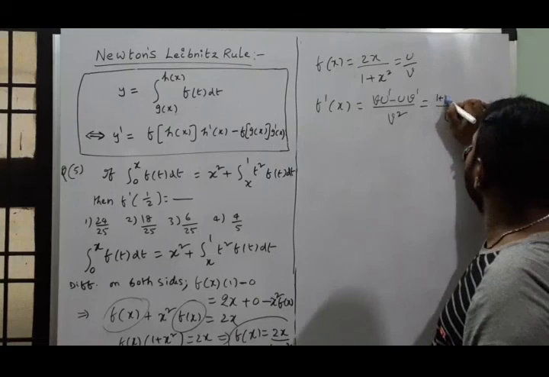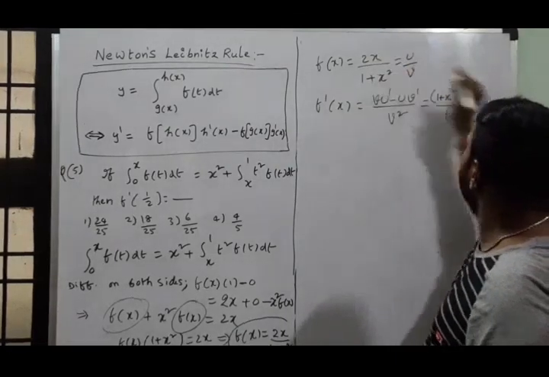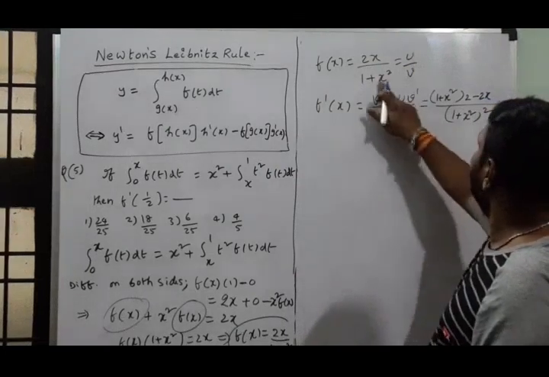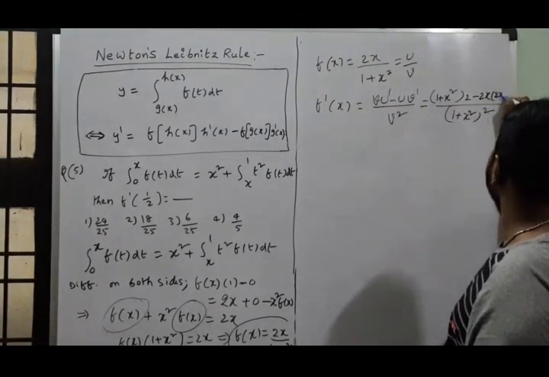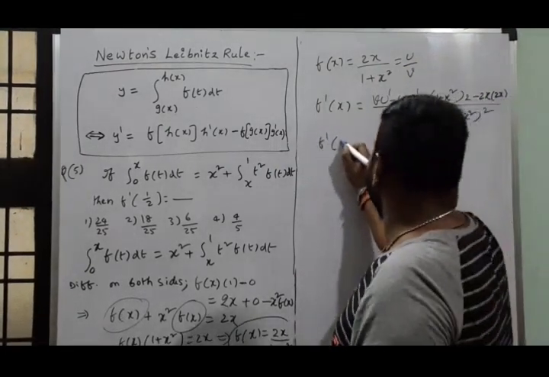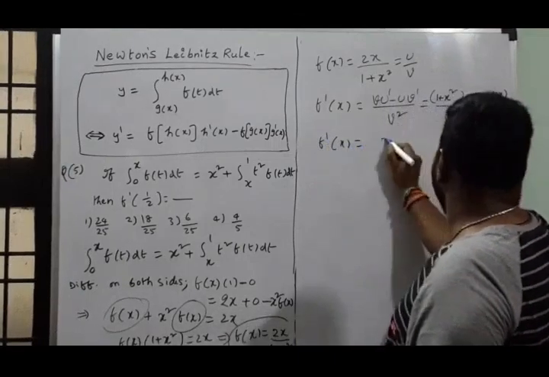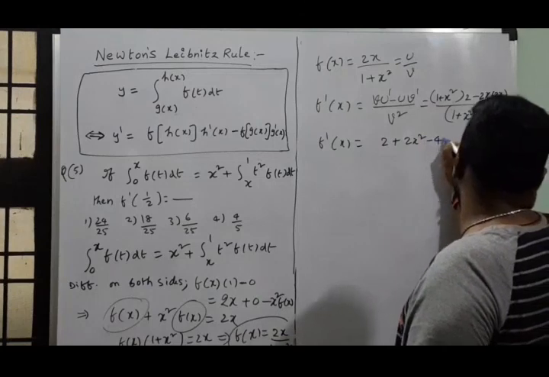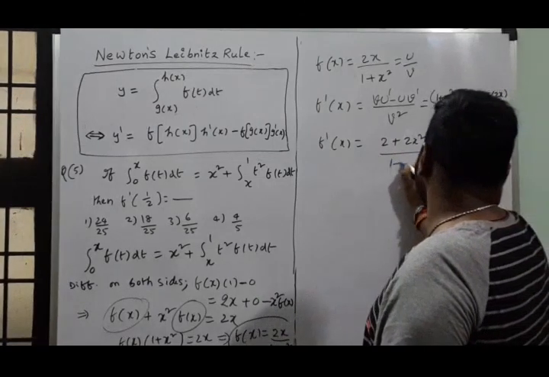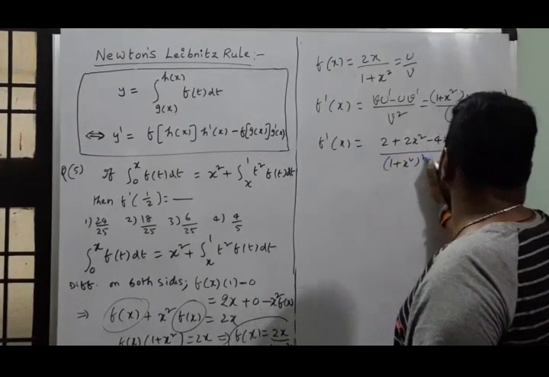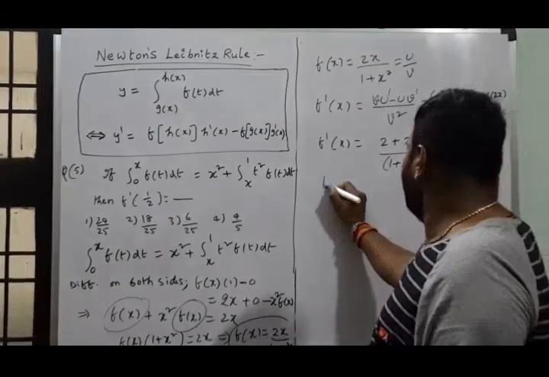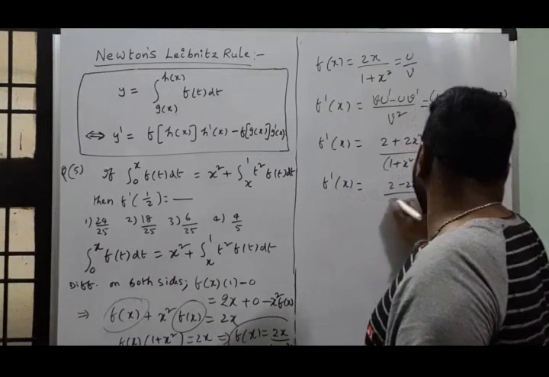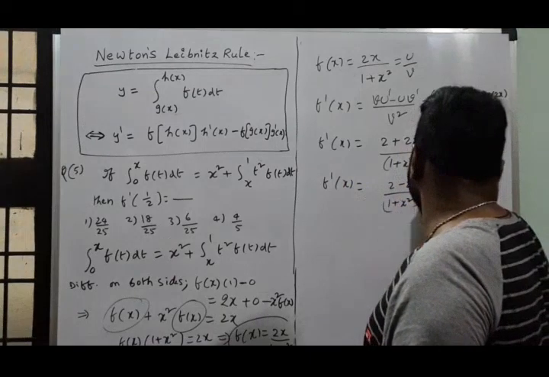Now 1 plus x square into 2x derivative 2 minus 2x into 1 plus x square derivative 2x. So f dash x is equal to 2 plus 2x square minus 4x square divided by 1 plus x square whole square. So f dash x is equal to 2 minus 2x square by 1 plus x square whole square.